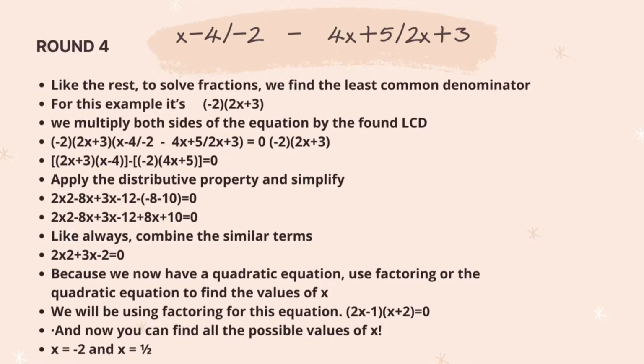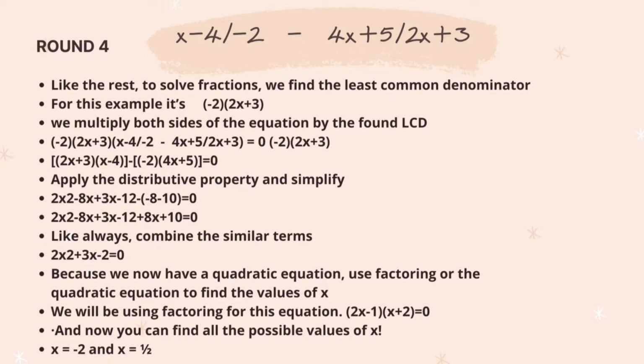Negative 2 times (2x plus 3) times (x minus 4 over negative 2 minus 4x plus 5 over 2x plus 3) equals 0 times negative 2 times (2x plus 3). This gives (2x plus 3) times (x minus 4) minus negative 2 times (4x plus 5) equals 0.